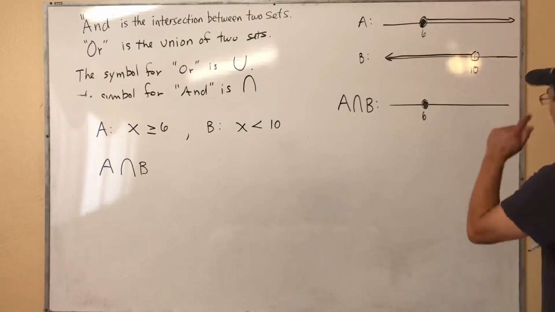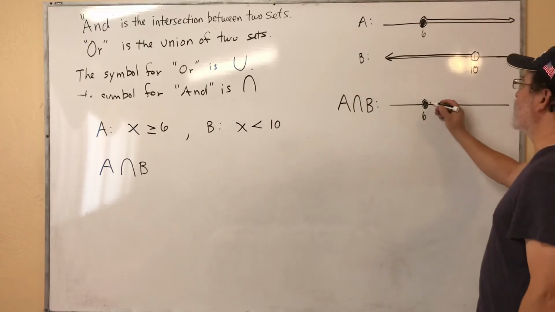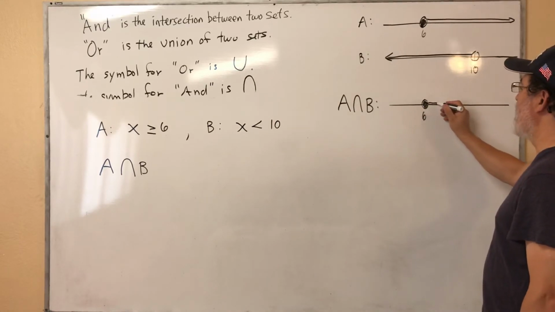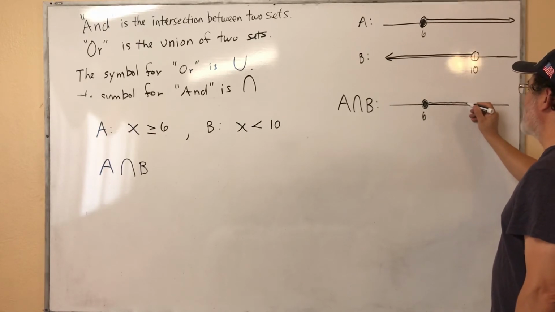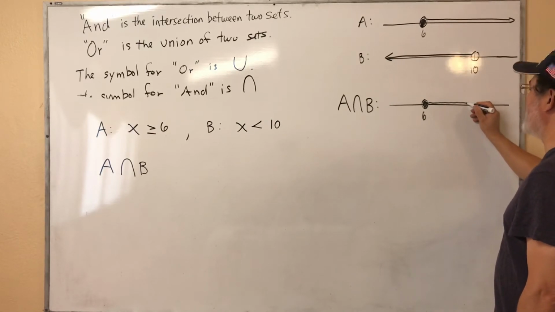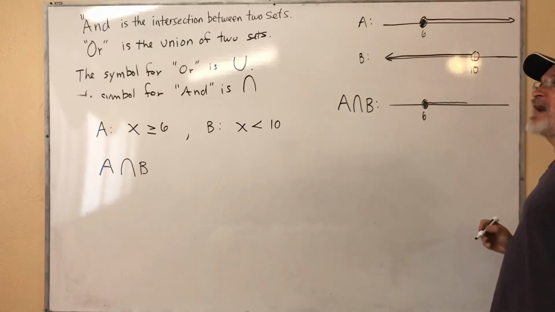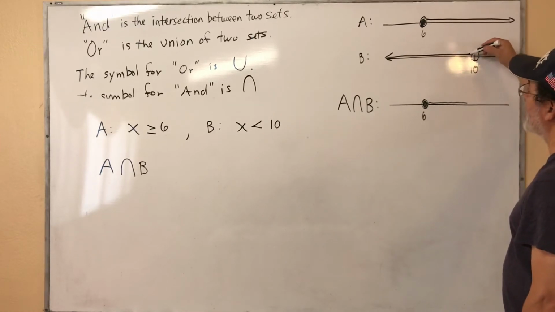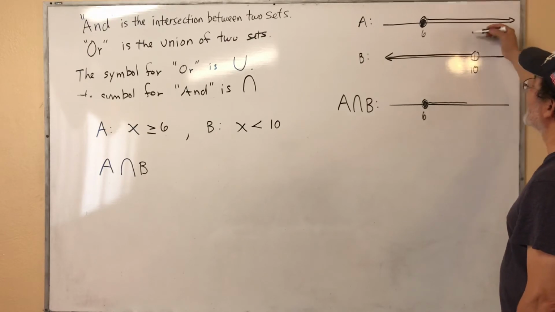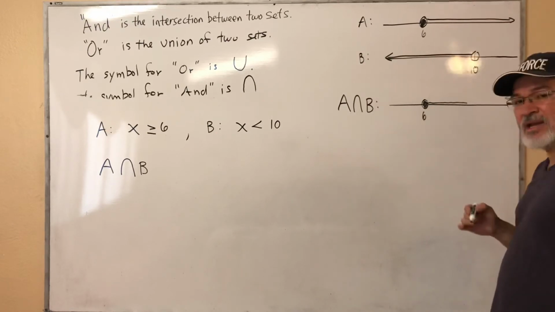How about 7? Yes. How about 6.1? Yes. How about 6.2? Yes. How about 6.3? Yes. How about 9? Yes. How about 9.9? Yes, it's shaded here, also shaded there. How about 10?